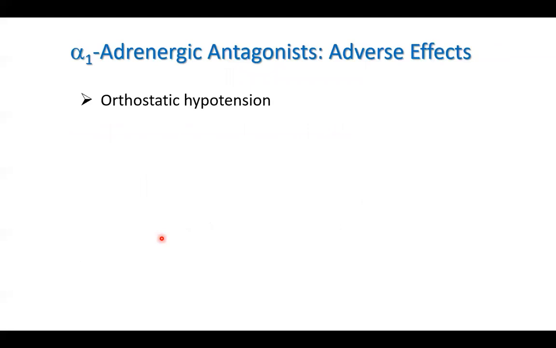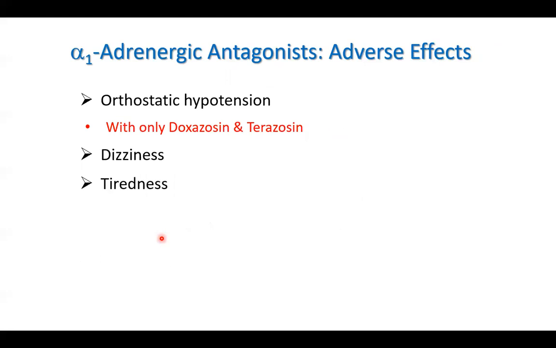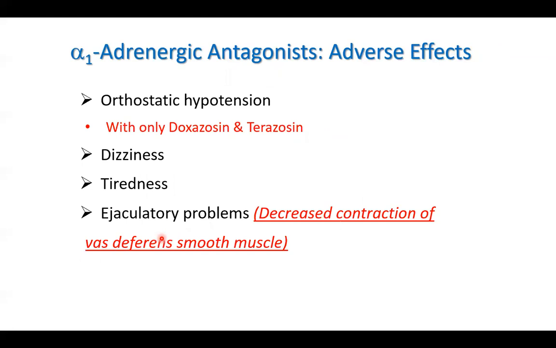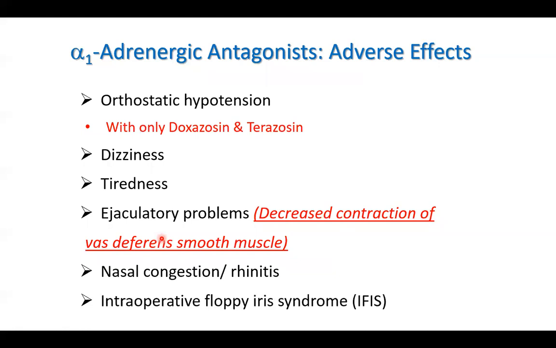Adverse effects: orthostatic hypotension, which is again with the non-selective ones like doxazosin and terazosin. Dizziness can be there in both, tiredness, and ejaculation problems, because of contraction of the vas deferens smooth muscles, so they can have retrograde ejaculation. Also nasal congestion or rhinitis, and intraoperative floppy iris syndrome.